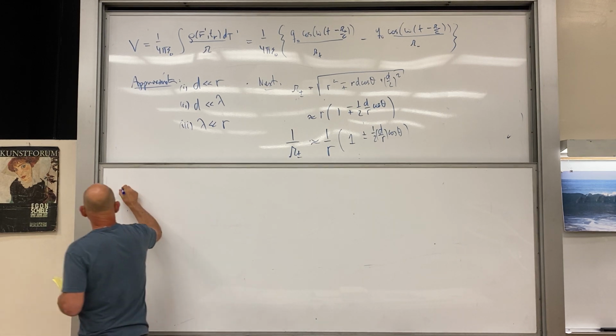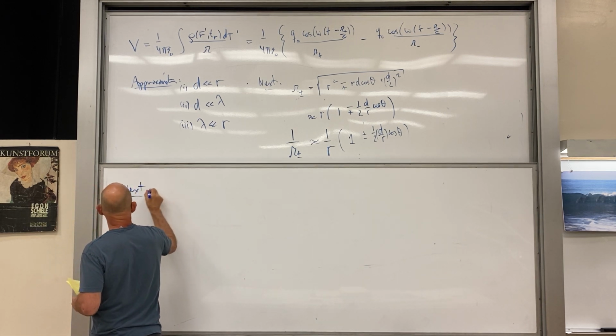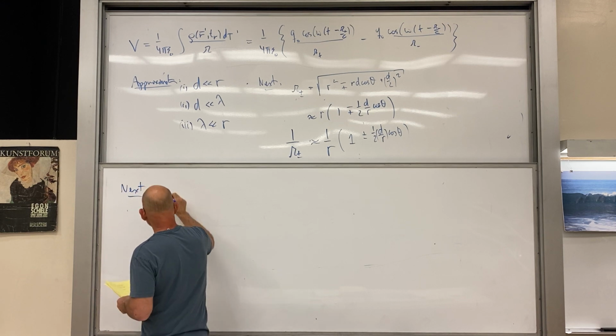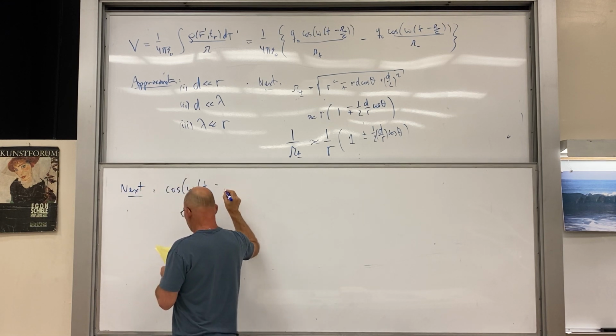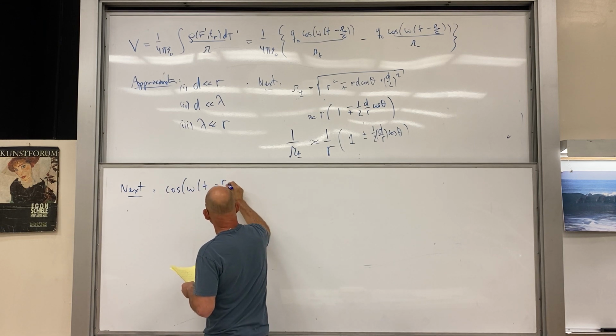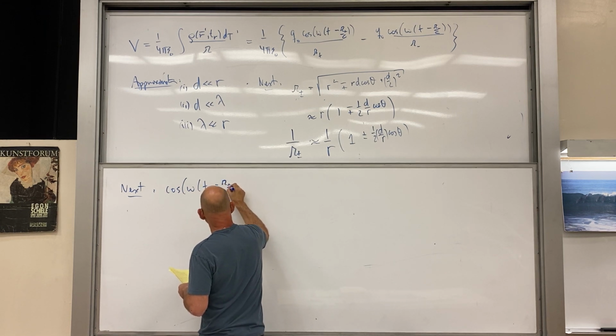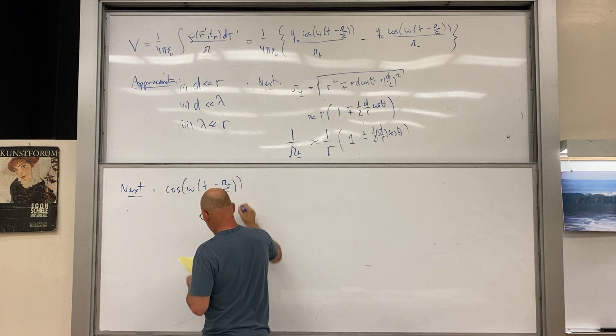So next is cosine omega t minus, actually this r plus minus c.